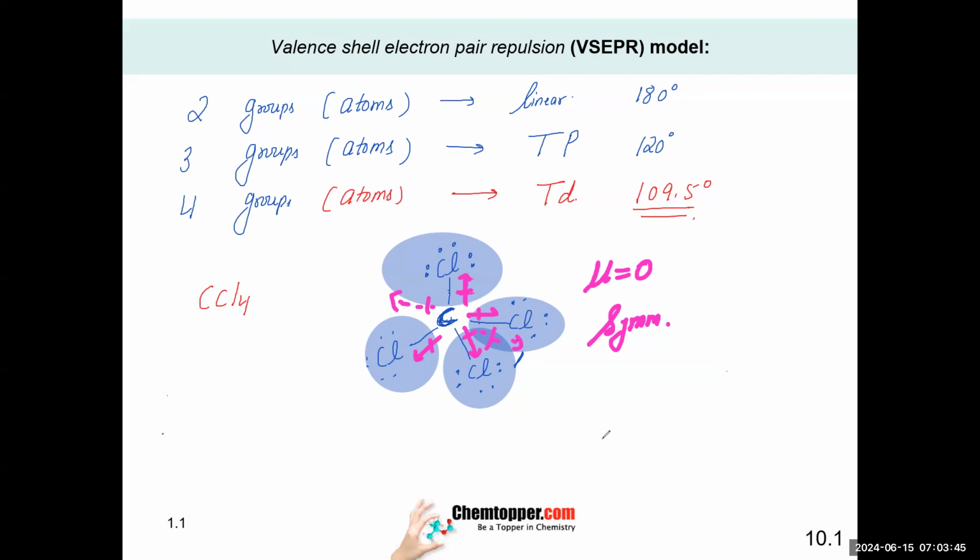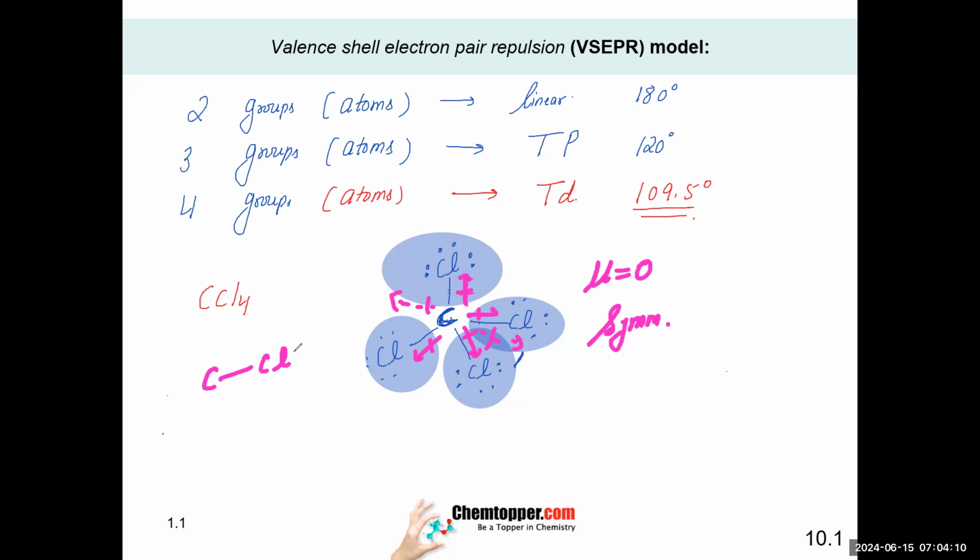Non-polar means what type of IMF? LDFs. But chemical bonds are polar or non-polar? Chemical bond means the bond of carbon with chlorine. Is that bond polar or non-polar? So there are multiple choice questions. Pick up a molecule which is non-polar with polar chemical bonds.